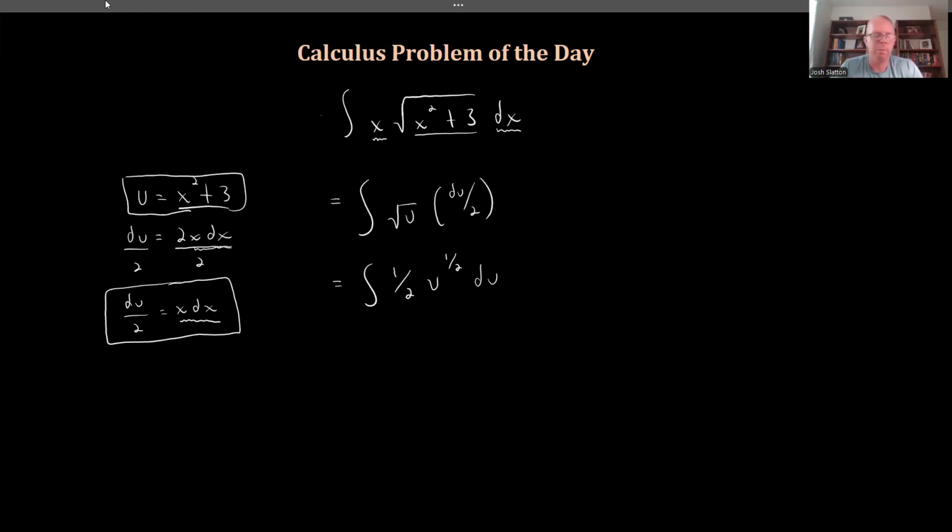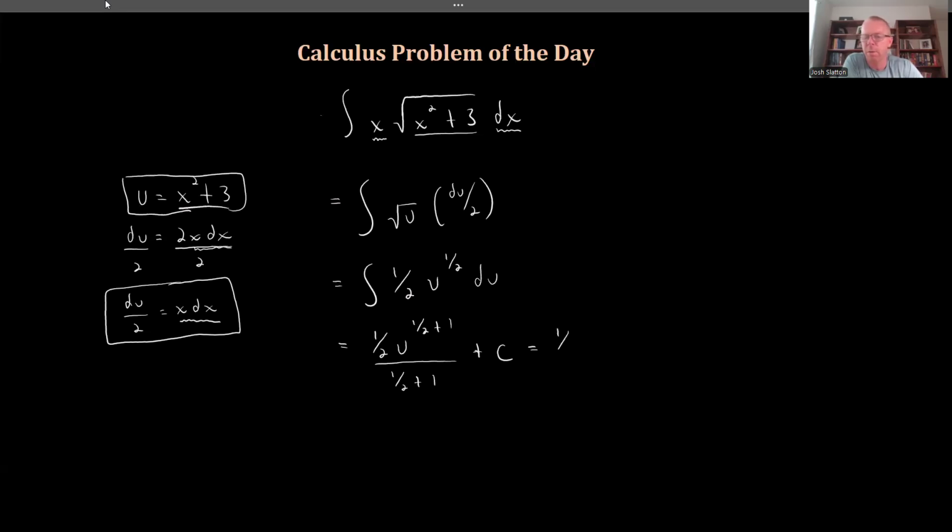If you've been paying attention to the last few sections that you've covered, you can do this. So let's take the 1/2. We'll add 1 to the exponent. And then we'll divide by that new exponent, which is 3/2. And then we'll need a plus c out here. And so now let's simplify this. So we have 1/2 divided by 3/2.